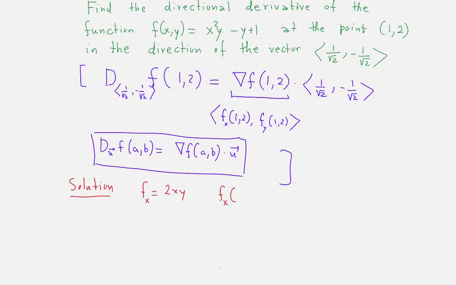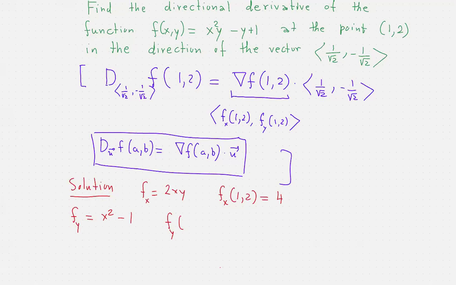And f sub y is equal to x squared minus 1. So f sub y at (1, 2) is equal to 1 squared minus 1, also known as 0.